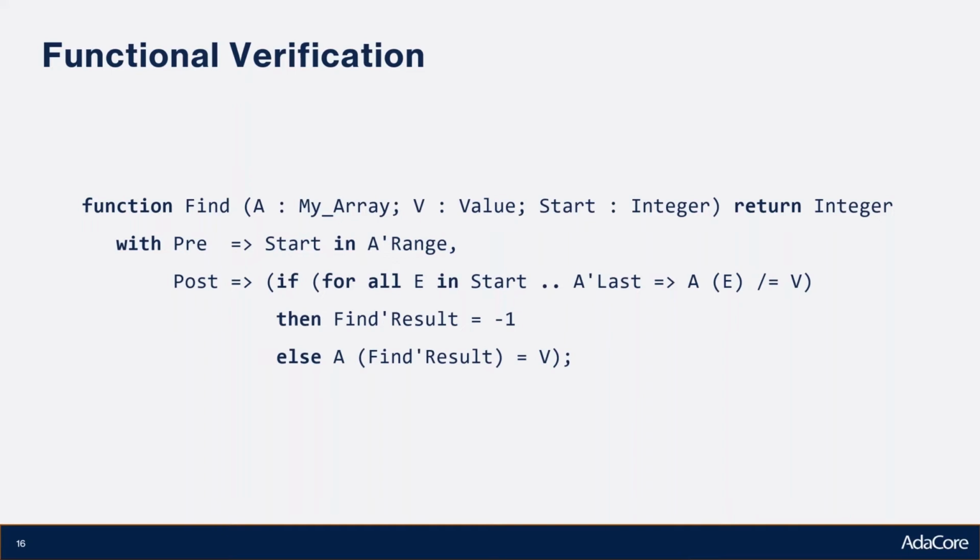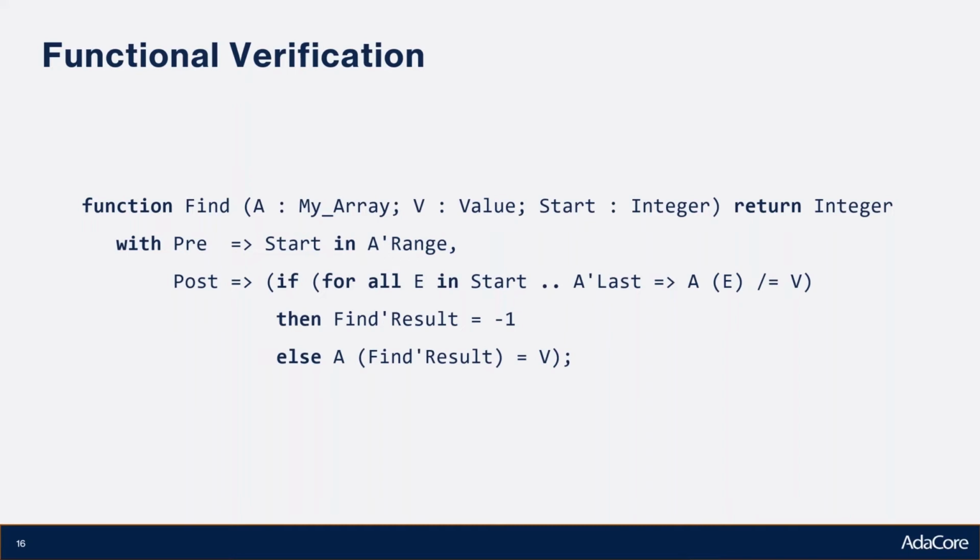This function should return -1. Otherwise, the value that we're searching for should exist in the array at the location that we're returning. So it does take a little while to get used to the syntax, but you can get used to it.